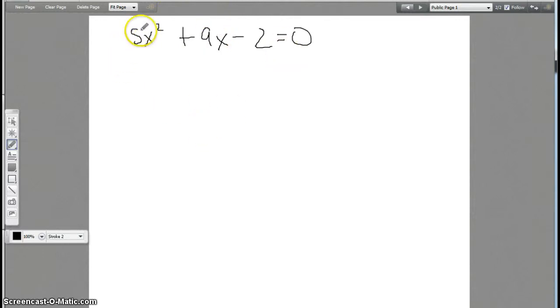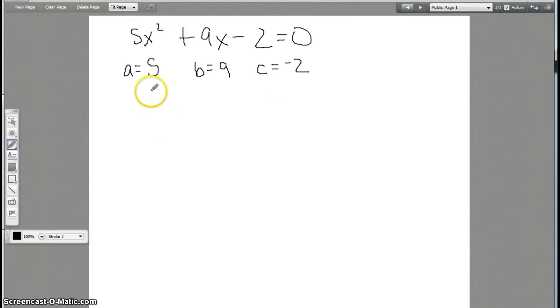So then the coefficient in front of your x squared, that's your a. The coefficient in front of your x is your b. And then your constant is c. Be sure that you remember that whatever sign is in front of your coefficient or your constant is also part of what you need to write down. So this is a minus 2, so I've got to write c equals negative 2. Not just the 2, I've got to grab the negative also.